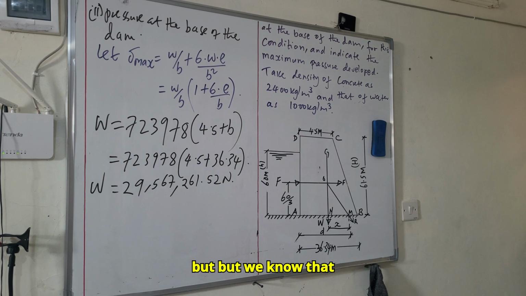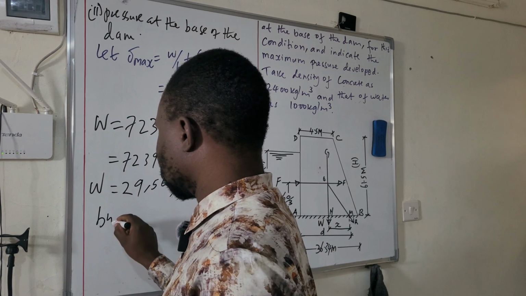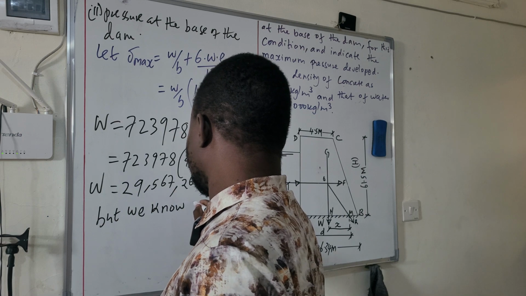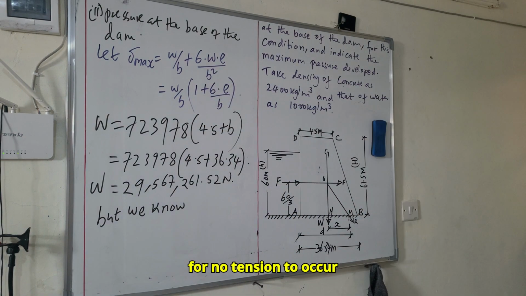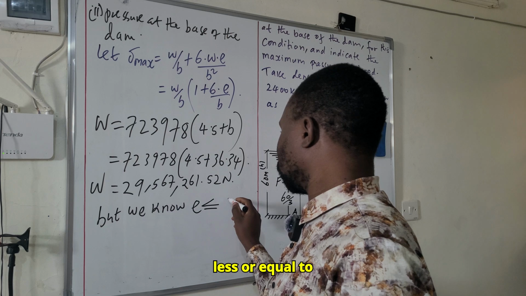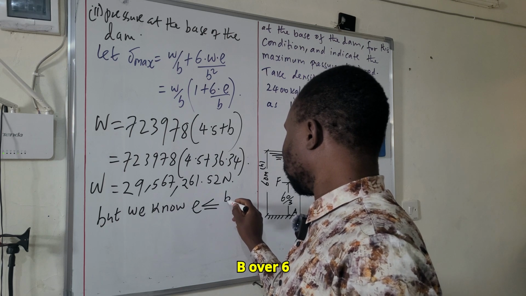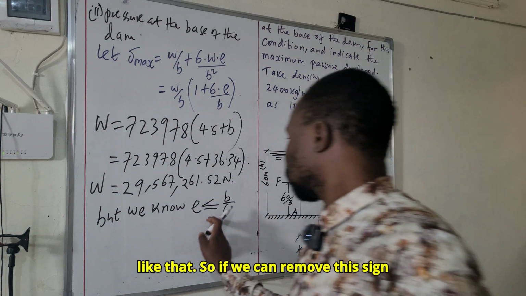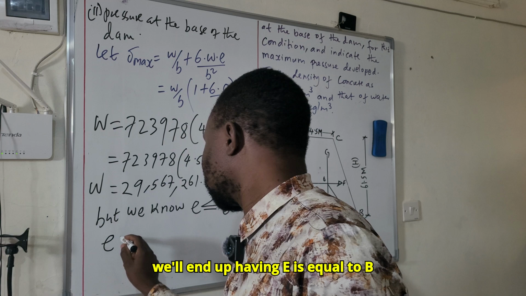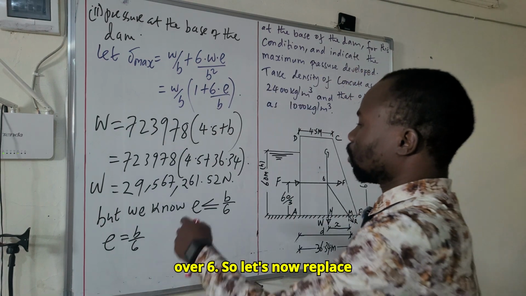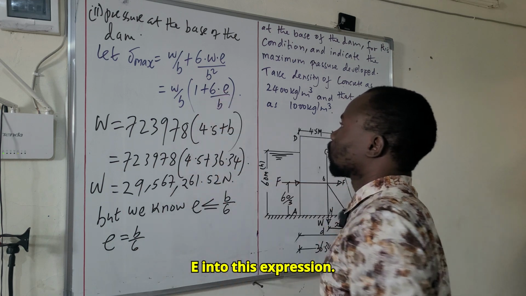But we know that for no tension to occur, E is less or equal to B over 6. So if we remove this sign, we'll end up having E is equal to B over 6. So let's now replace E into this expression.